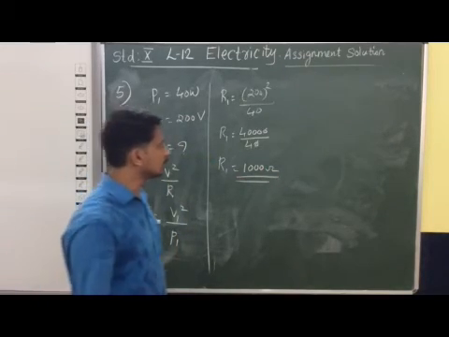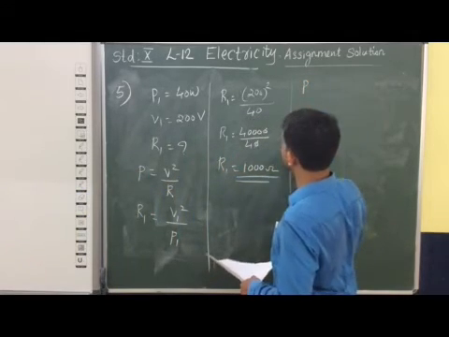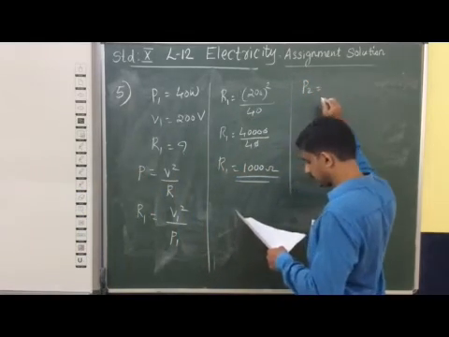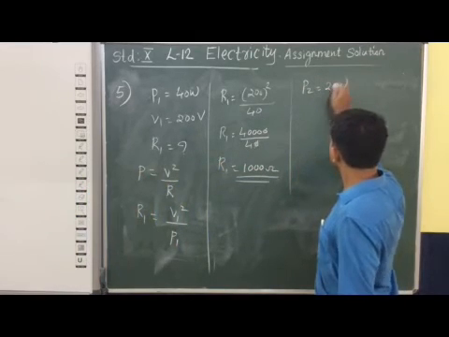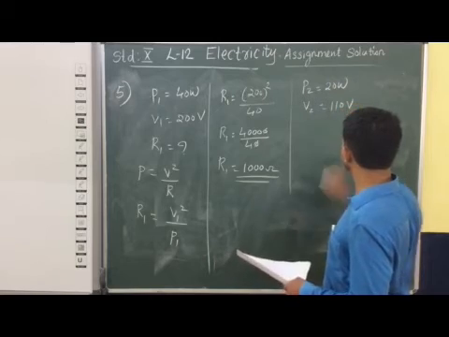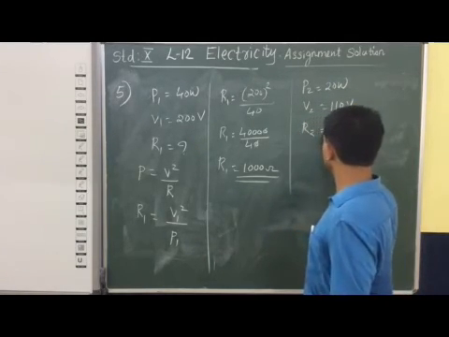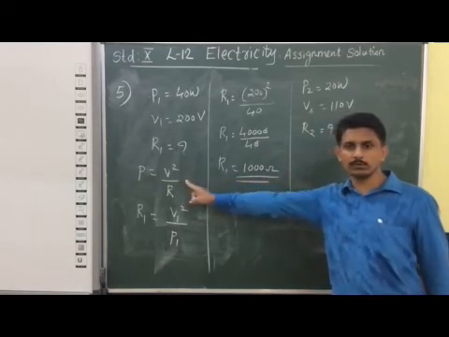Similarly, we consider the second bulb. P2 is given as 20 watt and V2 is given as 110 volt. We are supposed to calculate R2. We use the same formula.